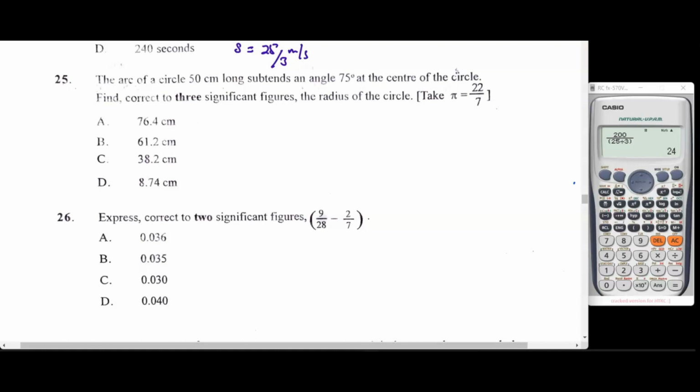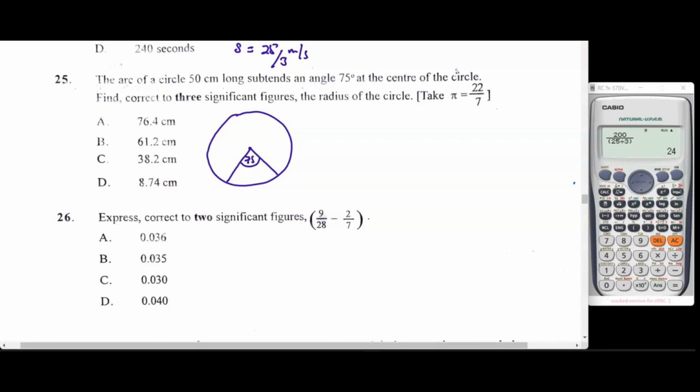So there is a circle. Let's make a small sketch. Having the circle, it has a center, and we have the radius of the circle, for which an angle of 75 degrees.